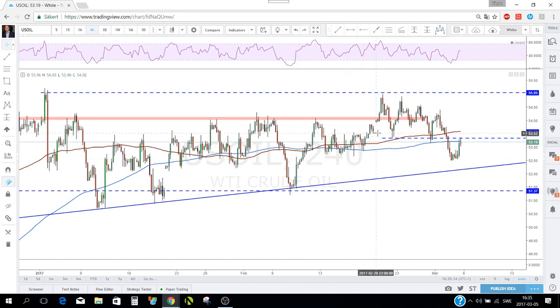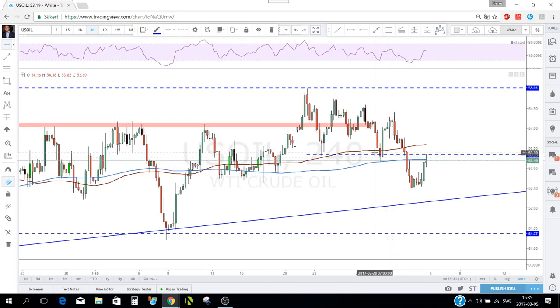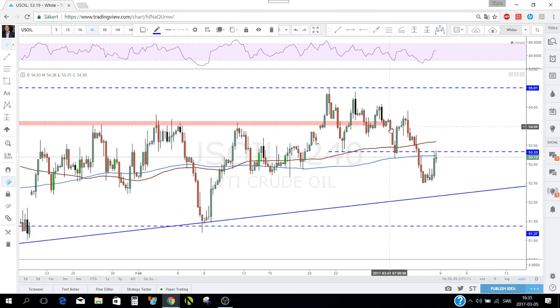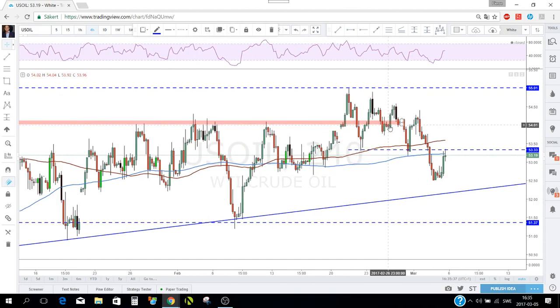We have some structures on the lower time frame that oil has been respecting, as you see, the 53.30 area and this 55 level here. We have sometimes good trades, but overall there is no clear trend, and it's a little bit hard to trade, so be careful with it.